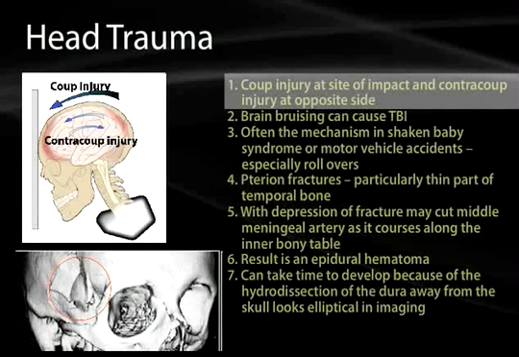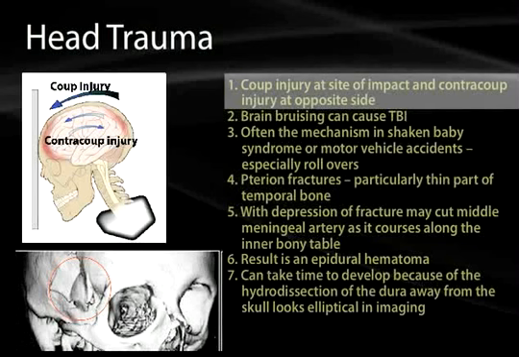Graphic demonstrating the contrecoup injury, with the coup being at the initial site of contact and the contre being at the opposite side of contact. Then we can see CT data that's been reconstructed into a bone three-dimensional surface rendering, and you can see a depression fracture.